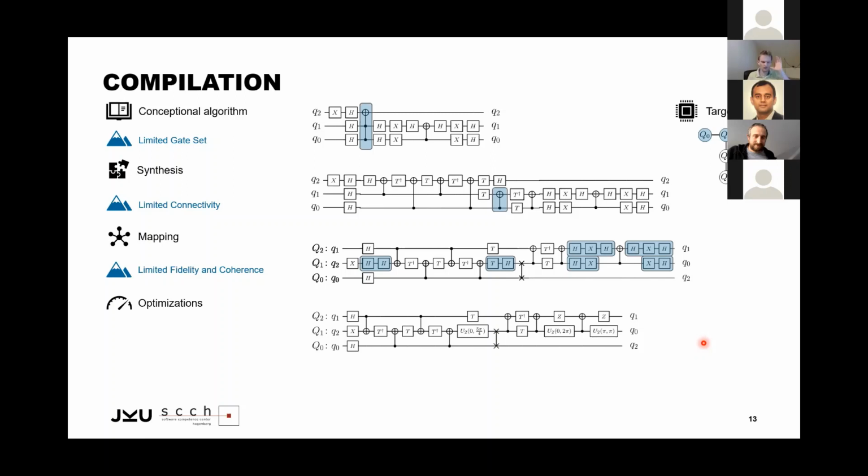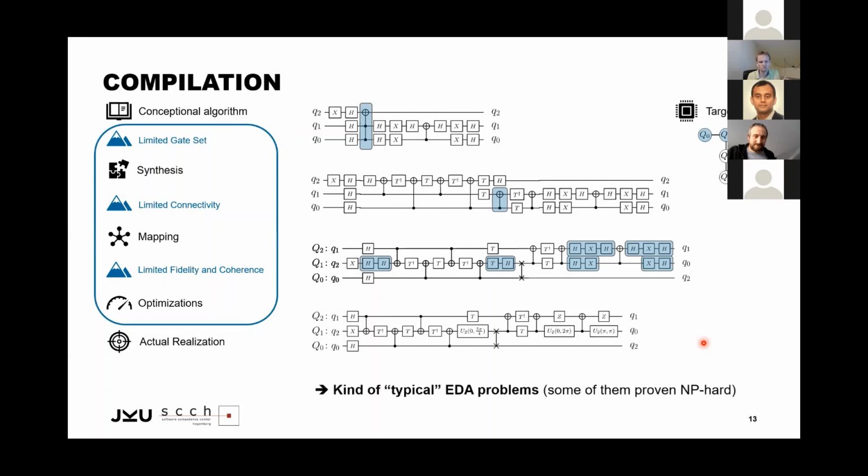I run through all that not in order to discuss any details or introduce a new method; Ross did a much better job than that before. I just want to make the statement that many of the problems we are seeing here are, in my opinion, typical EDA problems.